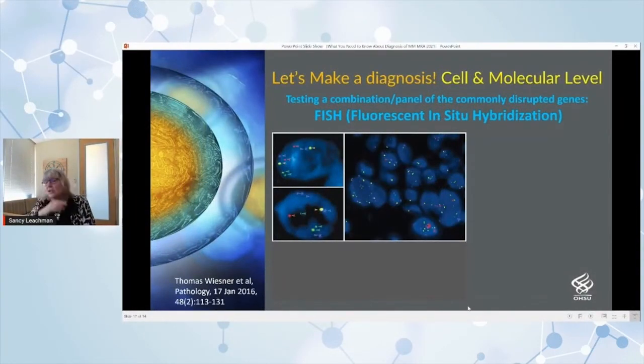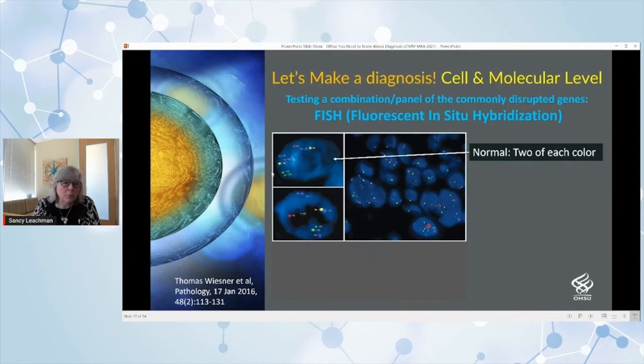So this is what they actually look like. This is what the pathologist who's making the diagnosis sees. To orient you, this is a piece of the tissue at high magnification, and all of these little blue circular things are the nuclei of the cells. They're stained with a dye called DAPI, and that makes them blue, and that tells you where the nuclei are. And then what you can see here is a normal cell.